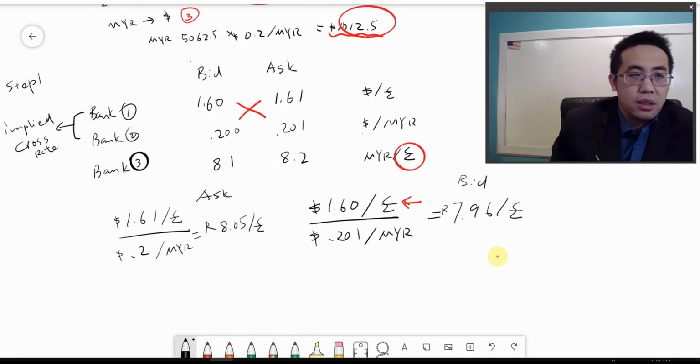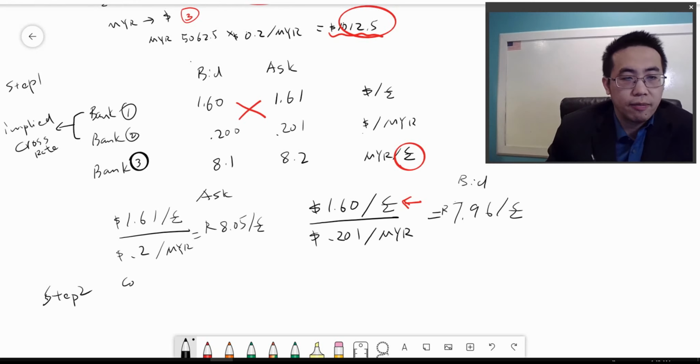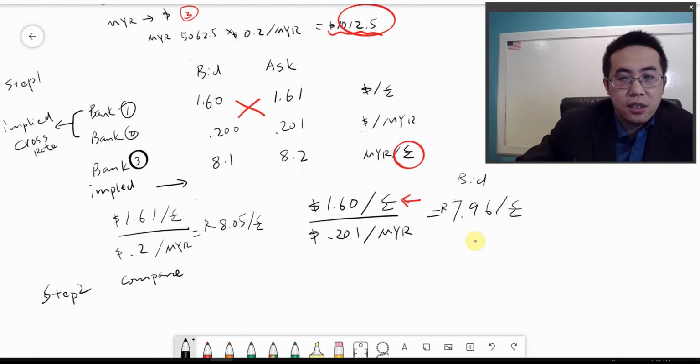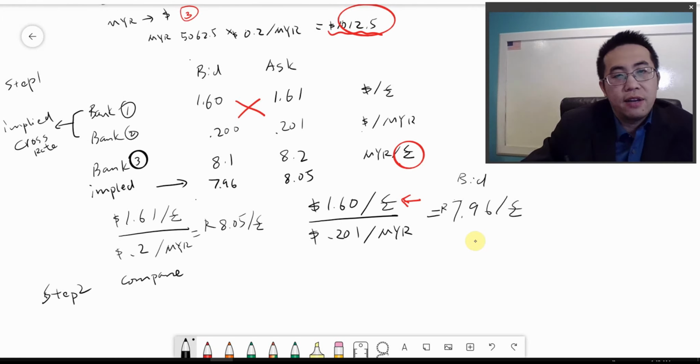Now you compare. The second step is to compare. You will see that the combination implied right here, the combination of a bid and ask, is 7.96 and 8.05.